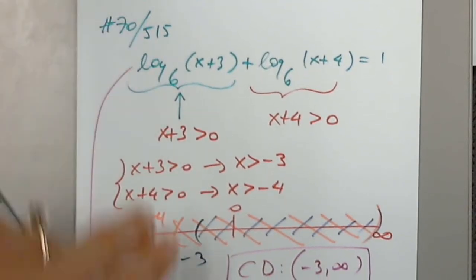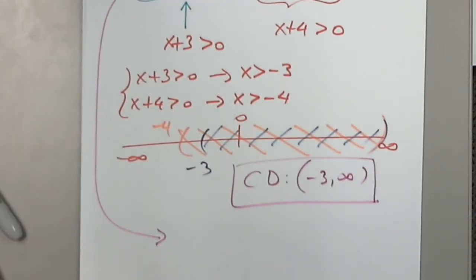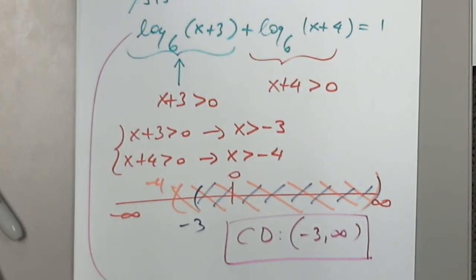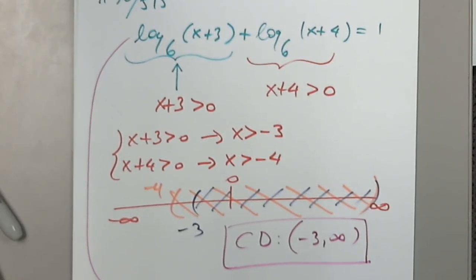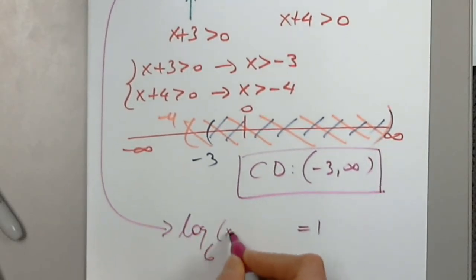So let's look at this. Please tell me, how do I condense the left-hand side? Log base 6 of x plus 3 times x plus 4.